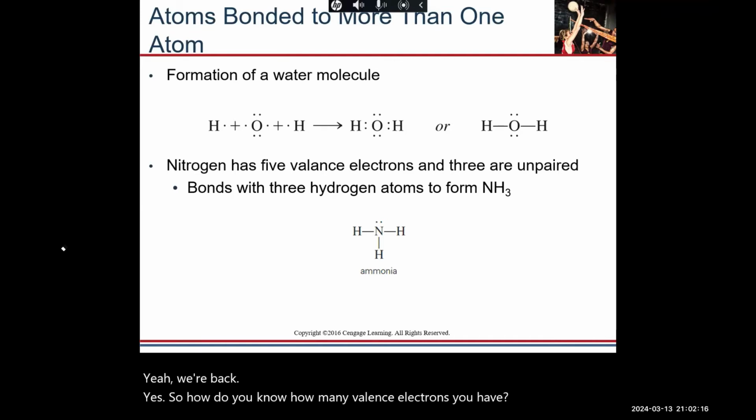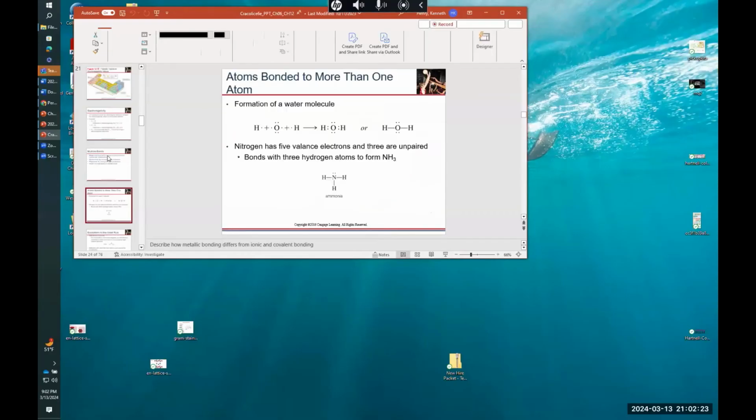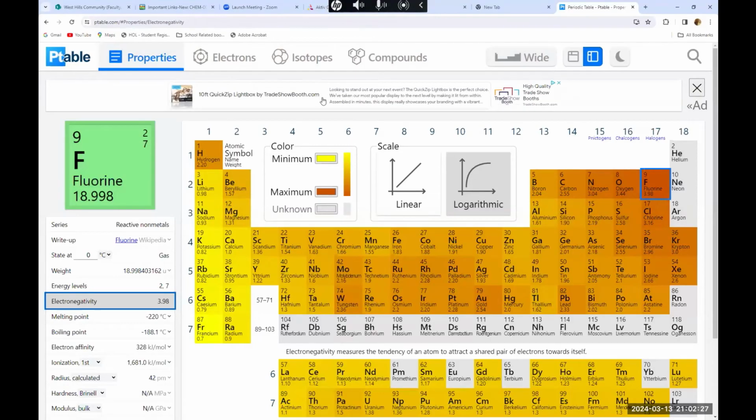Is it on the periodic table? Would it depend on the s and the p? Yes, it's going to depend on the s and the p. We're going to look at the outer shell for that element.